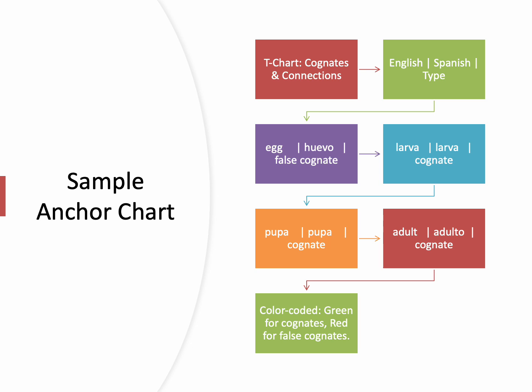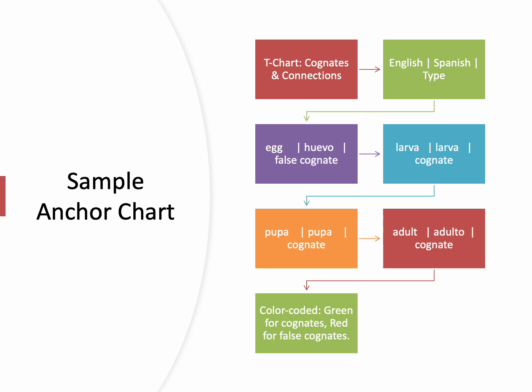Then we have larva in English, larva in Español, and this is a cognate. Then we have pupa in English, pupa in Spanish, and the type is cognate. Then in English we have adult, in Spanish we have adulto, and the type is cognate.